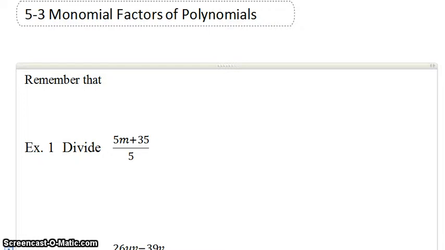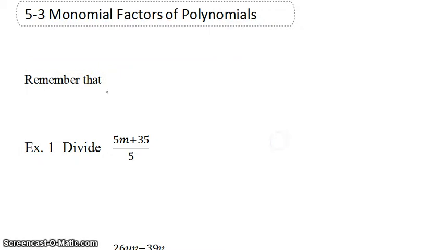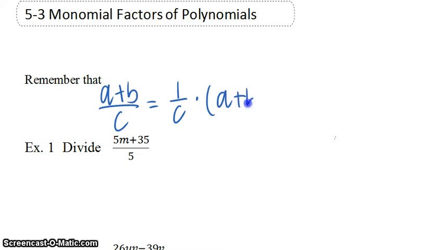We want to remember that if we have a plus b over c, we could break this up. We could think of this as 1 over c times a plus b. Why? We can think about the distributive property. 1 over c times a, you can think of as a over 1, that equals a over c.